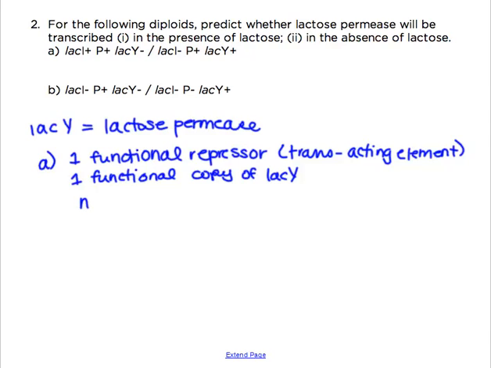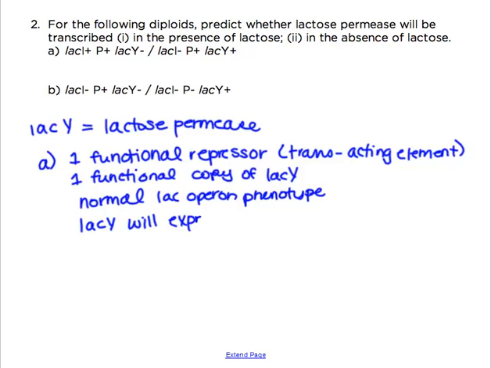It will have a normal lac operon phenotype because the wild-type copy of the repressor makes that happen. It restores this normal lac operon phenotype. And the normal phenotype here is that lacY, lactose permease, will only be expressed in the presence of lactose, when it is induced by lactose.